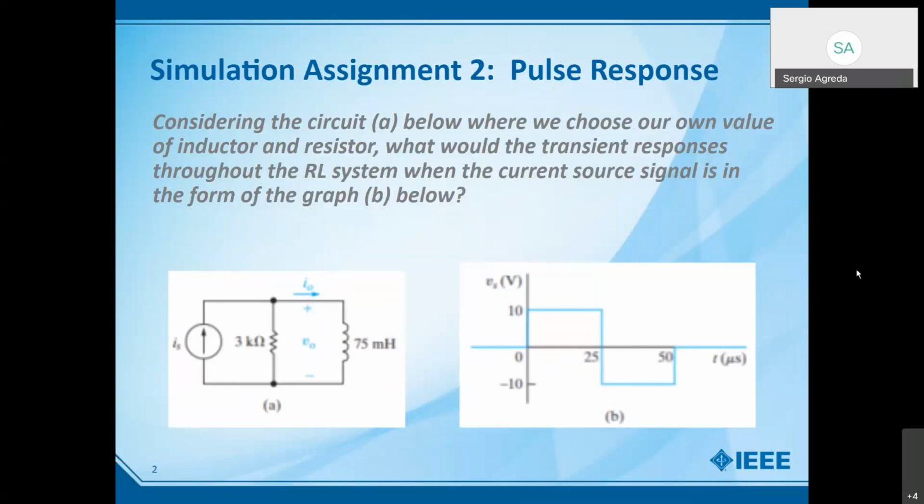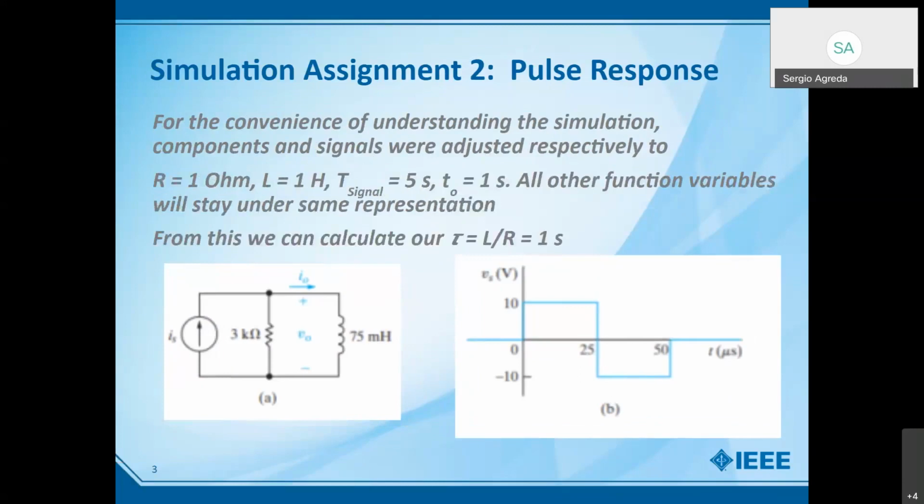Since this goes into differential equations pretty fast, for convenience we choose our resistor to be 1 ohm and our inductor to be 1 henry. The period of the signal, from this point to this point, is going to be 5 seconds, and it's the same for this one here. The start of our signal will be at 1 second, so it will be shifted to the right by 1 second.